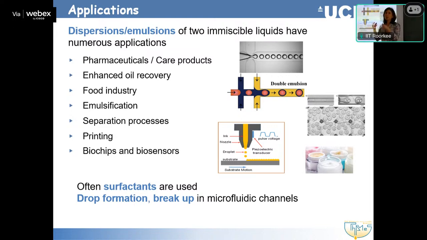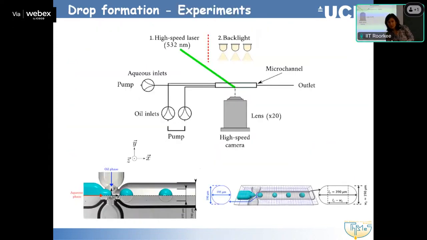They are molecules that may have a long chain that is hydrophobic, and a head that tends to be hydrophilic. So that allows them to sit at the interfaces and in a way stabilize the drops. So when we have surfactants, of course, these drop formation phenomena can become more complex. And this is what we are going to look at a bit in this lecture.